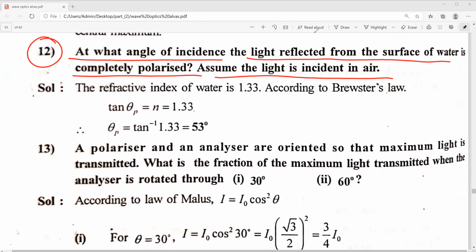Assume light is incident in air, they have asked. So the 12th one, how to calculate? This is also a very simple question. What have they asked? The refractive index of water NW is equal to 1.33.